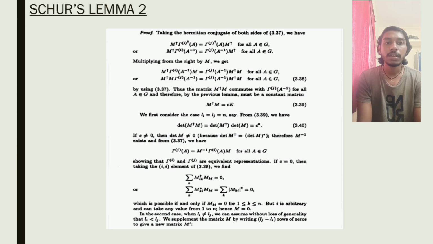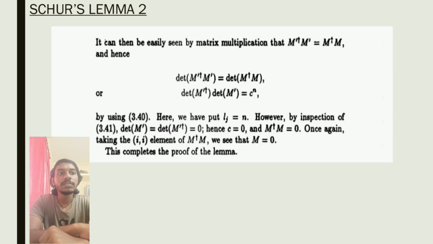In the second case, when L_i is not equal to L_j, we can assume without loss of generality that L_i is less than L_j. We supplement the matrix M by adding L_j minus L_i rows of zeros, to give a new matrix M prime. It can be easily seen by matrix multiplication that M prime dagger M prime is equal to M dagger M, and hence determinant of M prime dagger M prime is equal to determinant of M dagger M, or determinant of M prime dagger times determinant of M prime is equal to C^n.